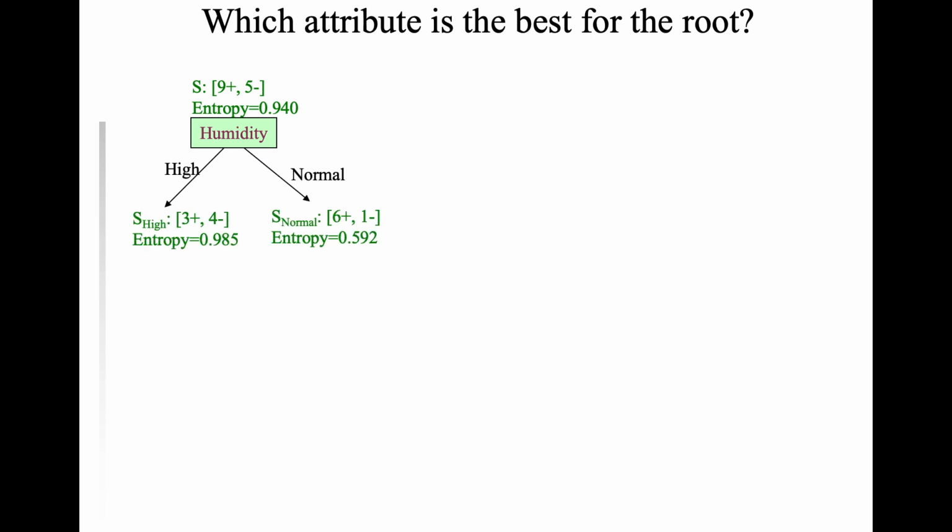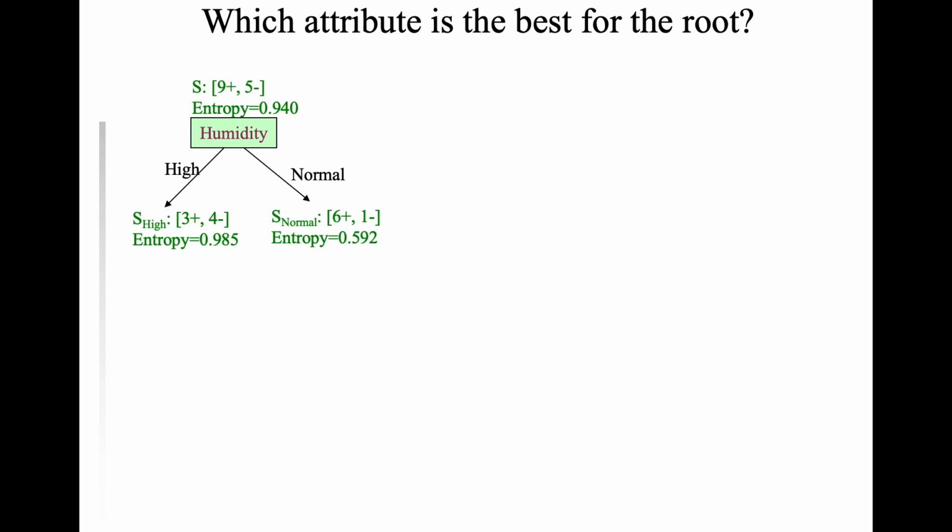Now, I'm going to calculate just for one of them, and at home you can calculate the entropy and information gain for all other features. Let's do one of them as an example together. For example, we have humidity, and what was the original set?